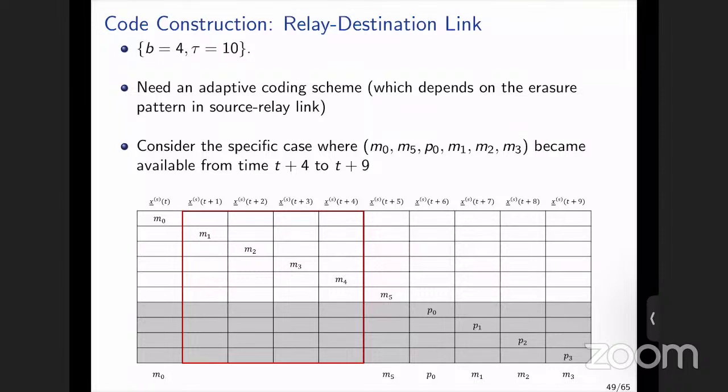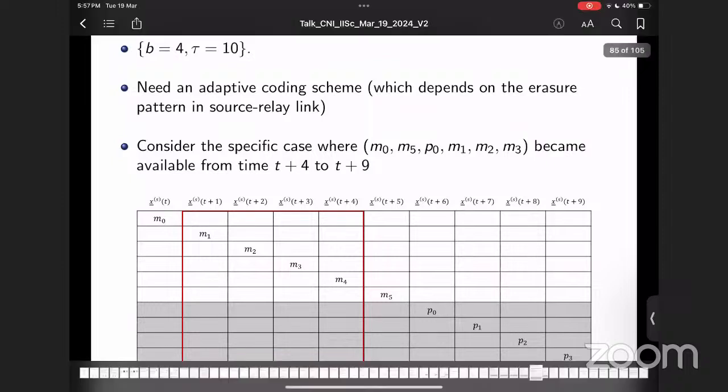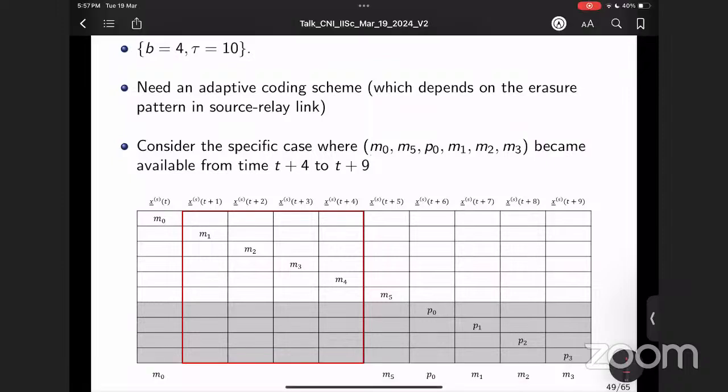Now let's take one specific case where, for example, in the source to destination link, packets sent at T+1, T+2, T+3, and T+4 are erased. This is the specific scenario I am assuming. In this case, if you recall, messages were getting recovered at the relay in the following order: M0, M5, P0, M1, M2, M3.